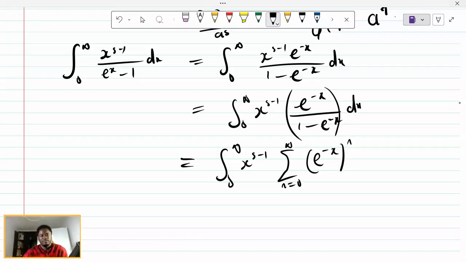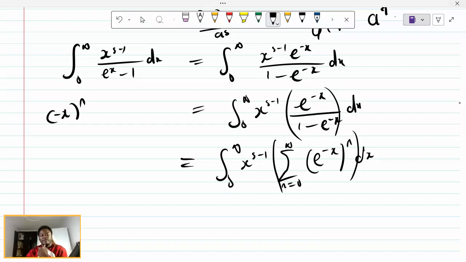Now the problem is that you can't directly use the Ramanujan master theorem here instantly. And the reason for that is because notice here that we don't have a factor of negative x to the n.